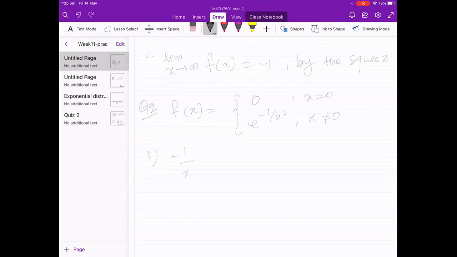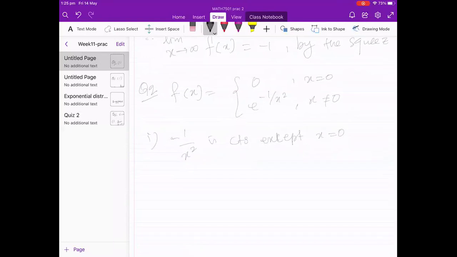Minus 1 over x squared is continuous for all points except x equals 0.